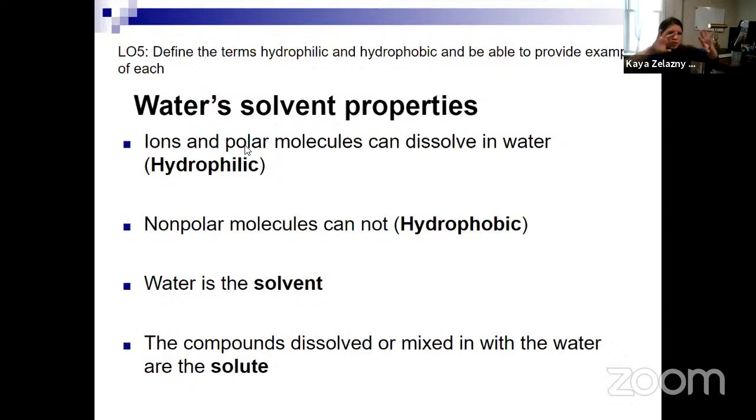So just neighboring molecules would kind of spread apart. Okay. So ions and polar molecules, because they dissolve in water, we call them hydrophilic. Philic means loving in Greek. Hydro means water. So hydrophilic, water loving.